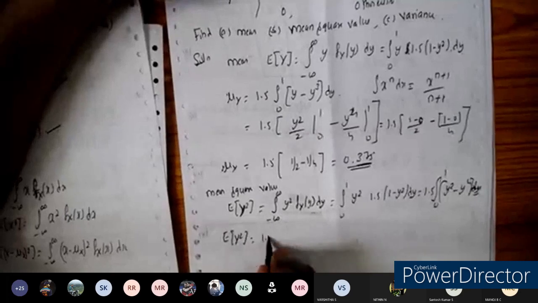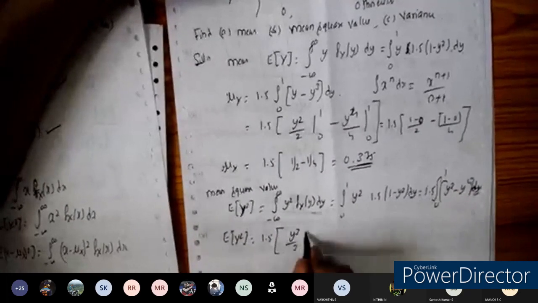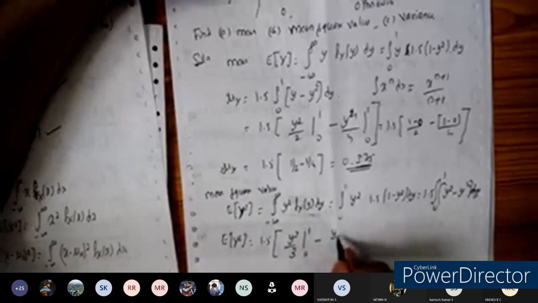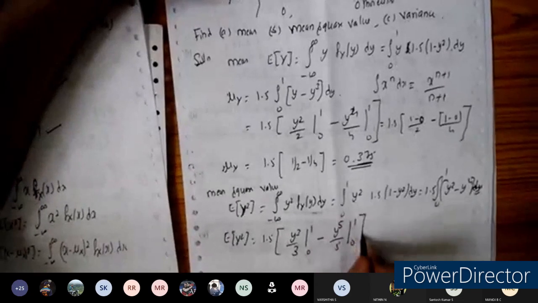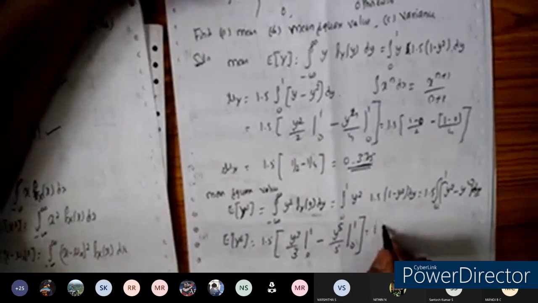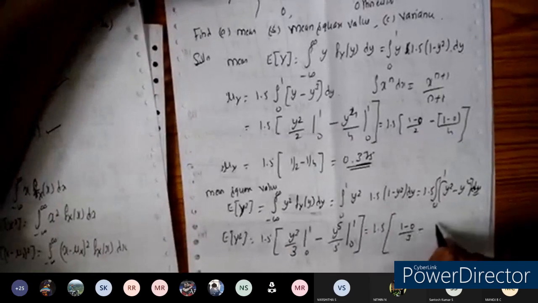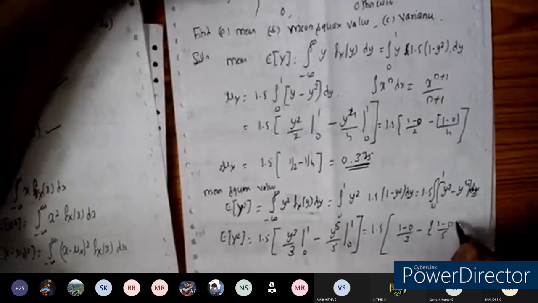The expected value of y squared is 1.5 times the integration of y squared, which is y cubed divided by 3, with the limit from 0 to 1, minus the integration of y to the power of 4, which is y to the power of 5 divided by 5, with the limit 0 to 1. So find the values. It is 1 minus 0 divided by 3, minus 1 minus 0 divided by 5.